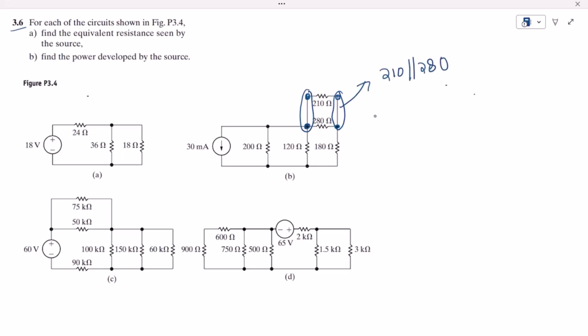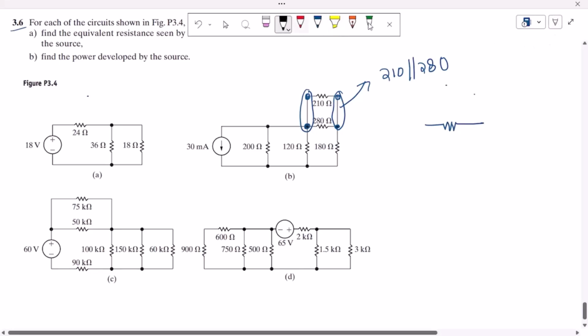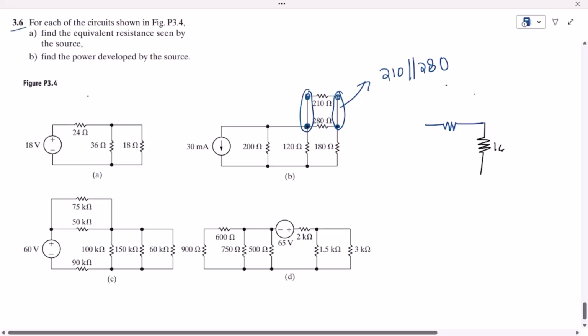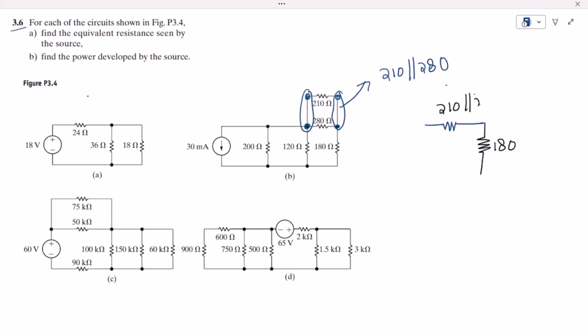Once we find the equivalent of it, it will be connected with this 180 in series, so it is 180 plus 210 in parallel with 280. Then there is this 120 ohm resistor.